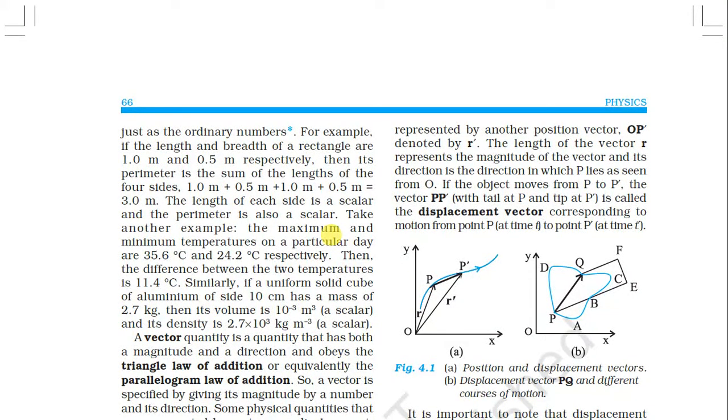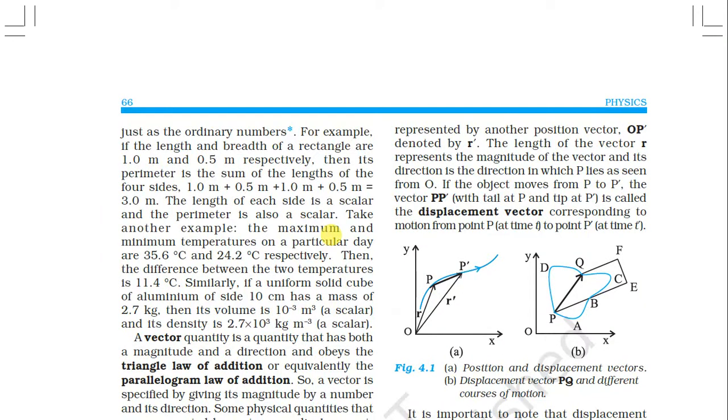Take another example: the maximum and minimum temperatures of a particular day are 35.6 degrees and 24.2 degrees, then the difference between the two temperatures is 11.4 degrees.